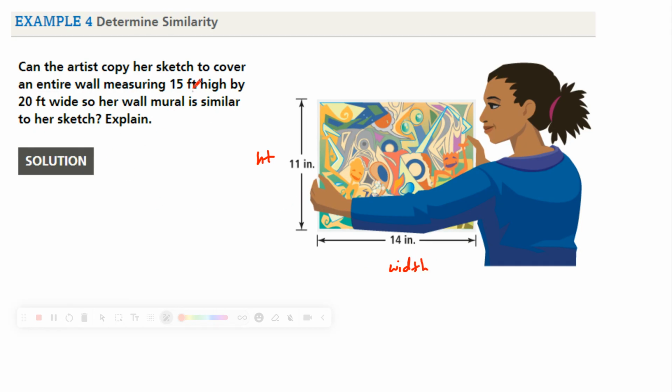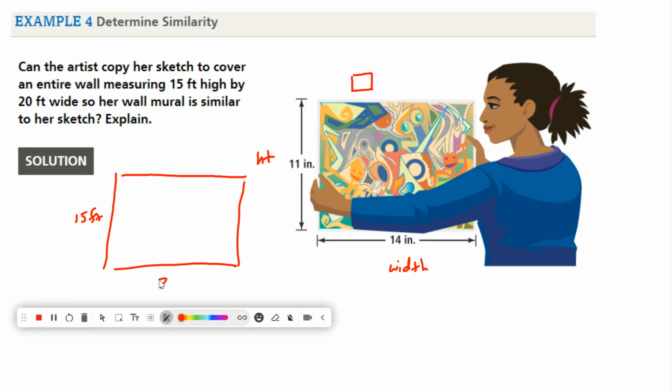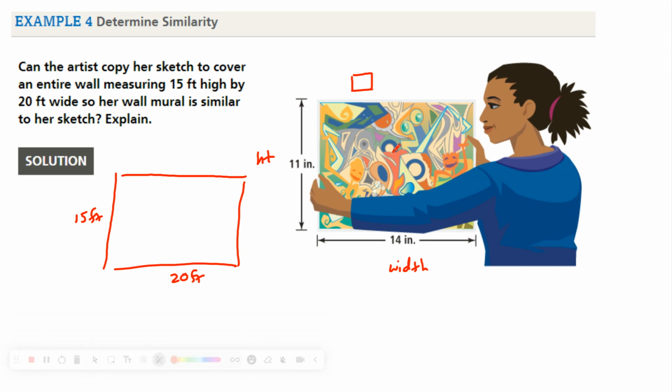There is a wall, much, much bigger because we're in terms of feet, but I'm going to just draw a wall here. Again, it's not going to do it justice because it's much bigger than the painting. The painting in all reality is like this big. So this wall is 15 feet high by 20 feet wide. And the question is, can we copy this painting onto this wall so it covers the entire wall?